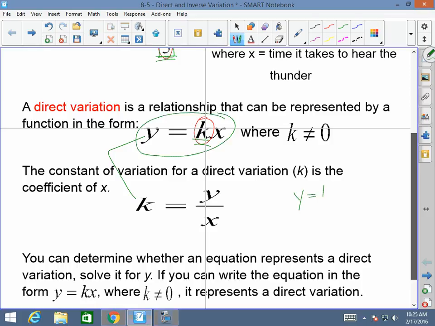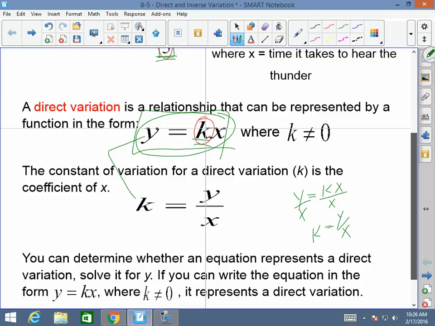If I have y equals kx, you have to be able to say, okay, divide by x, k equals y over x. After you work with it a bunch of times, you're going to eventually memorize it. But if you don't want to expend that energy on memorizing another equation, that's cool. You have to memorize the direct variation, though. You have to. And then from there, you can solve for k.